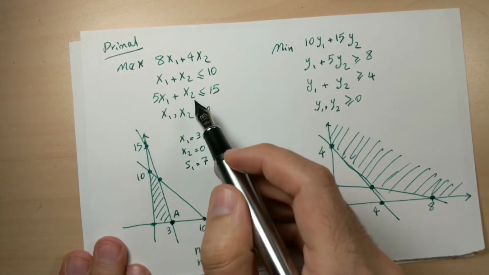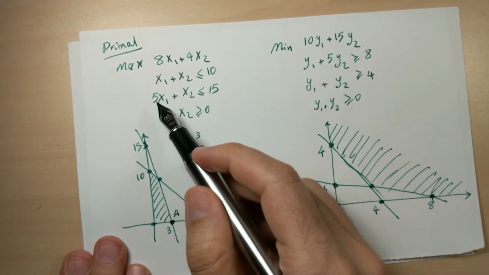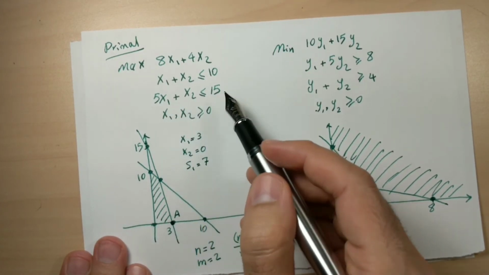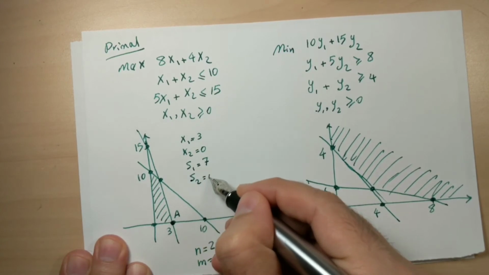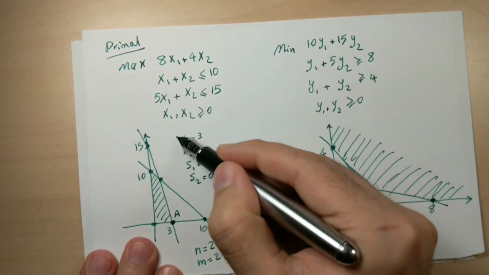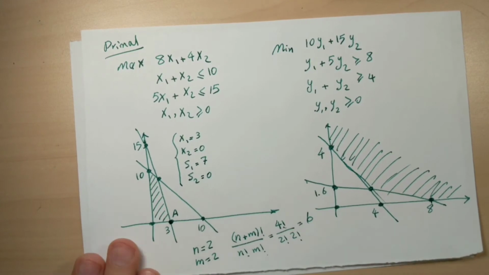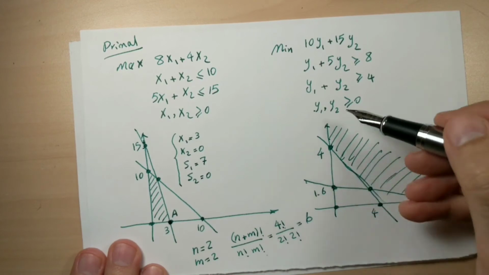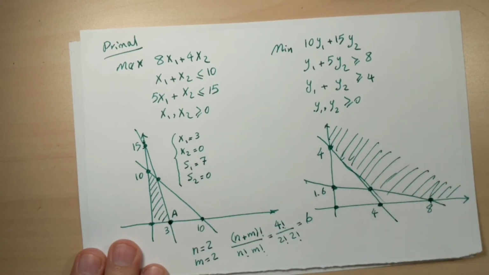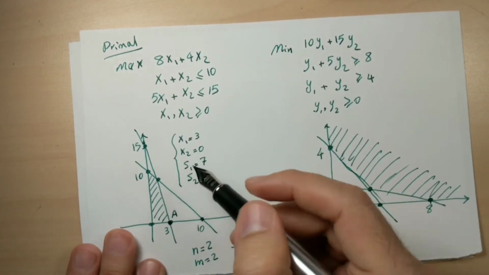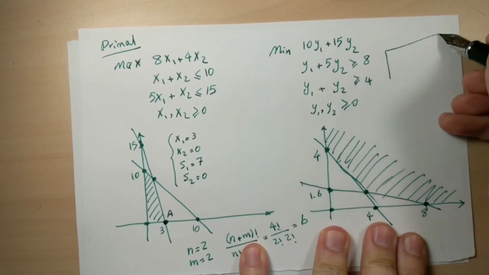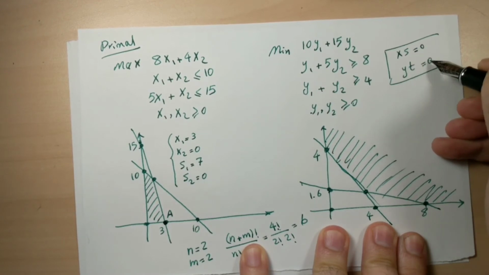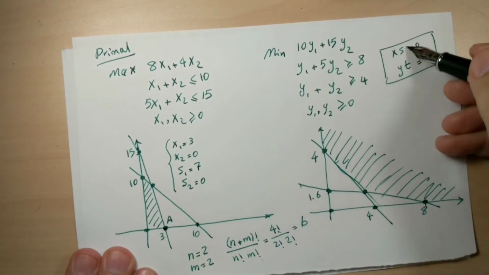What about the slack variable of the second constraint? 5 multiplied by 3 plus 0 is 15. 15 plus 0 is 15. So s2 is 0. We have this point as A in the primal problem. Let's find the corresponding corner point to A in the dual problem. This is our complementary slackness relationship, xt equals 0, sy equals 0, just as a reminder.